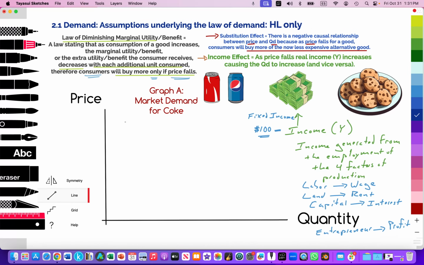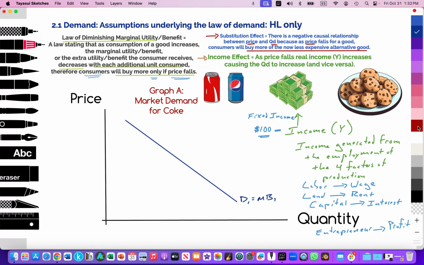So we're going to have the market demand for Coke. We're going to see demand, again, equals the marginal benefit. And I'll ask students, how many cans of Coke can you consume with $100 when you have, let's say, 1 can of Coke being equal to $1? How many cans of Coke can you buy with $1 if you have $100 of income?